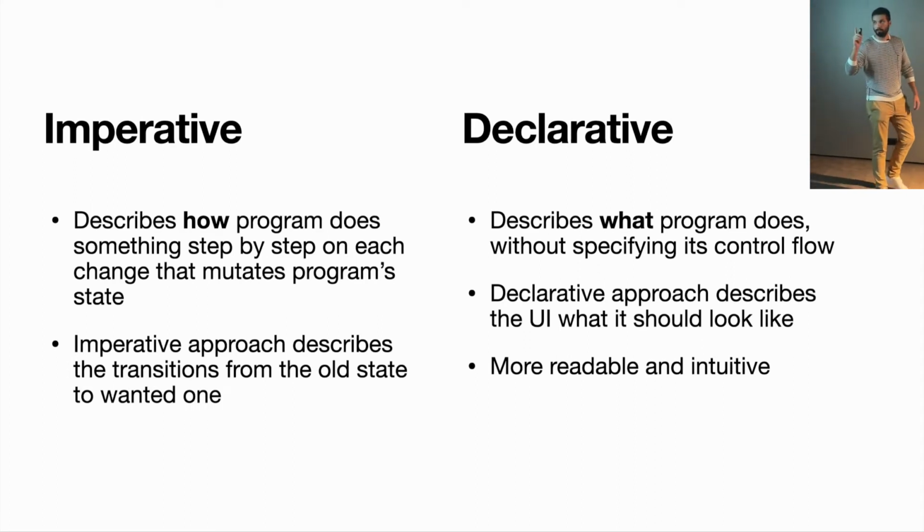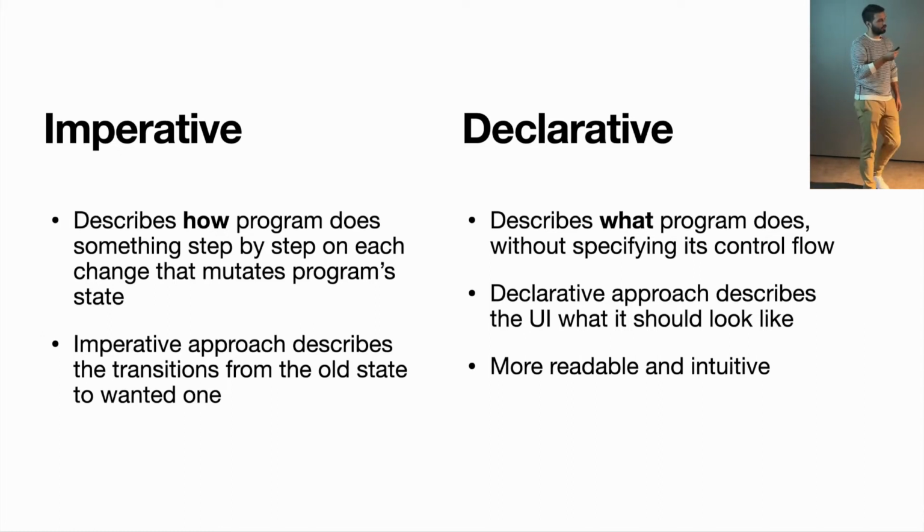The imperative approach is that you always want to describe every step of the UI state change. You go one step at a time: okay, hide this, show this, disable this, like we used to.